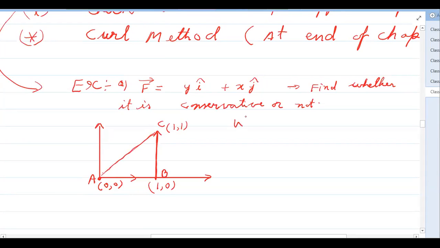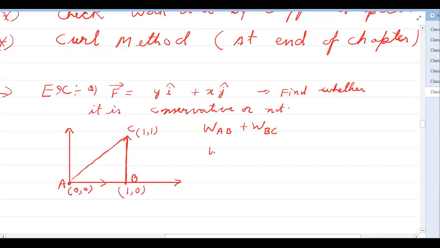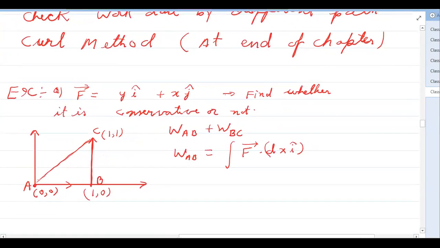We will calculate the work done along path A to B plus B to C. First A to B. For A to B, the displacement is along the x direction, so we write F dot dx i cap.